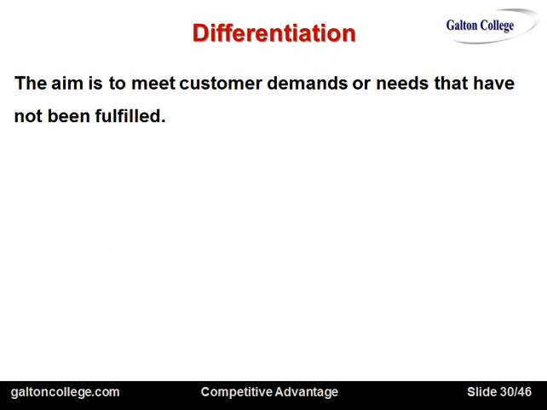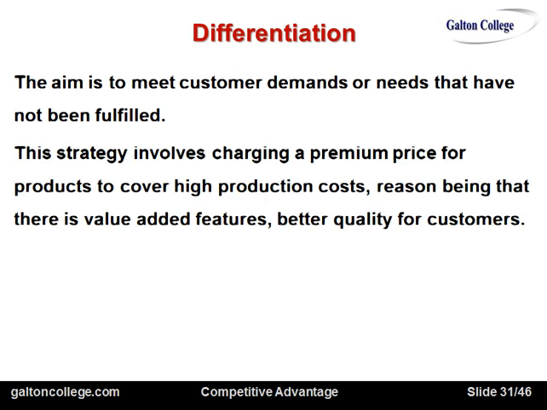The aim is to meet customer demands or needs that have not been fulfilled. That's the idea with differentiation. It's to see what customers want and see if there are requirements or needs of the customer that are not currently fulfilled, and if it's possible to redesign the product or develop the product in a different way so as to more effectively, more fully meet these customer needs.